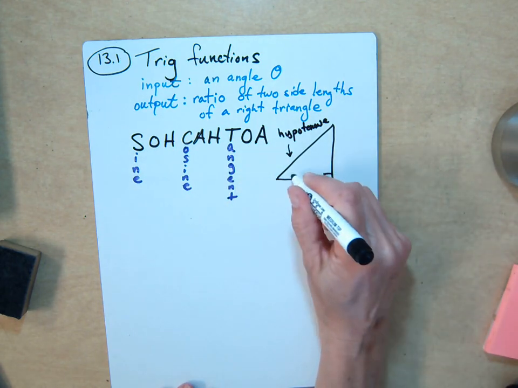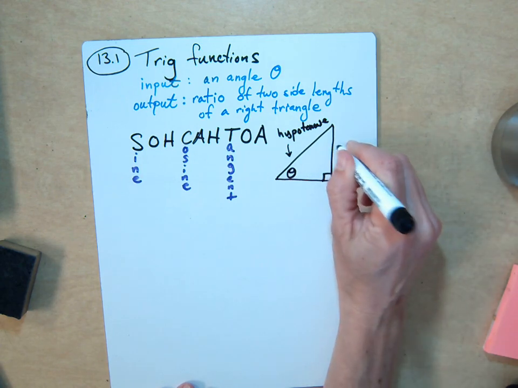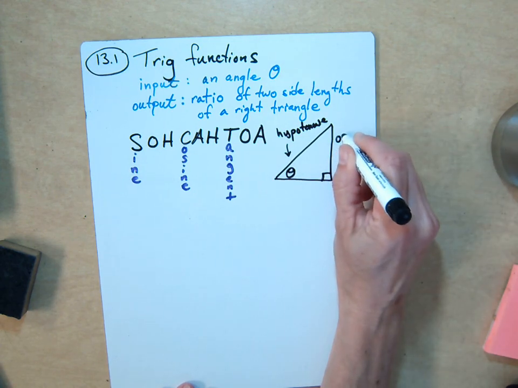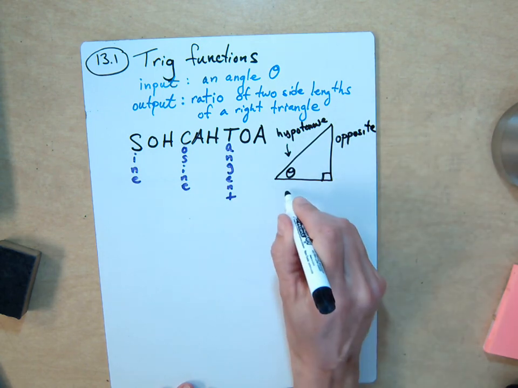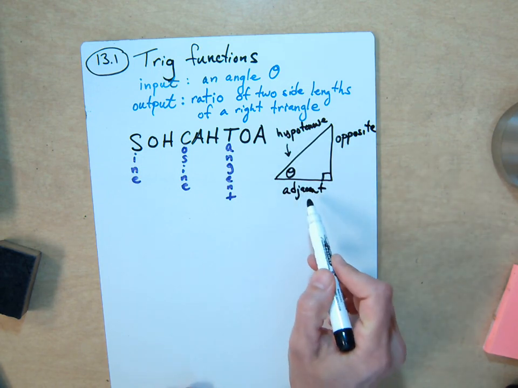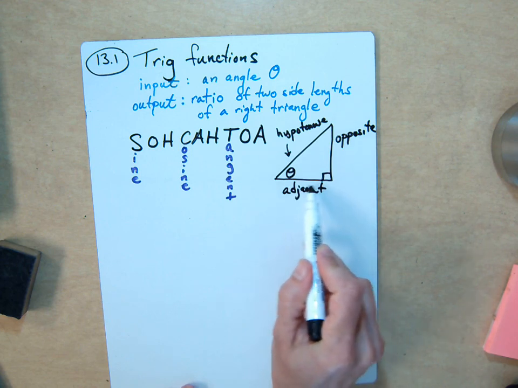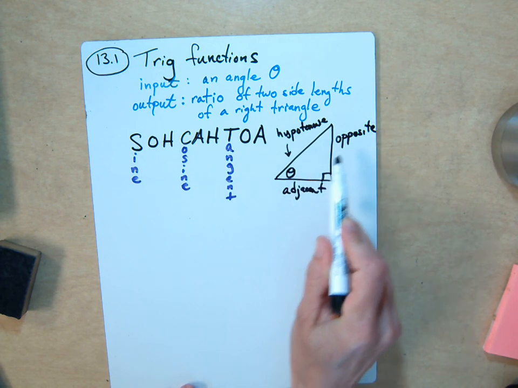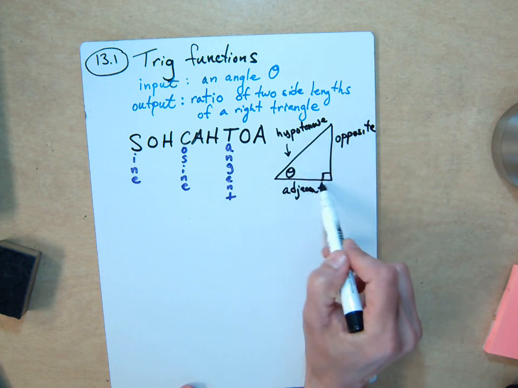If I put the angle theta here, my opposite side is the one that's furthest away. It's the side that doesn't make up the angle. This is the opposite side, and this is the adjacent side. Adjacent, even in the English language, means kind of next to. So the adjacent side is the closest to the angle, and the opposite side is far away. The two sides that make up the angle are here.